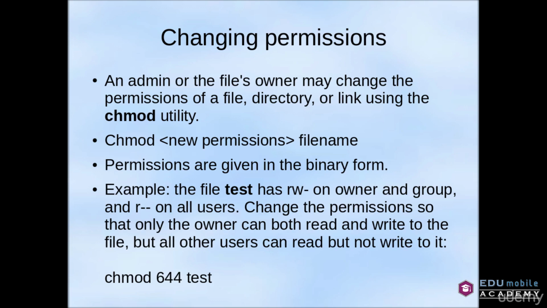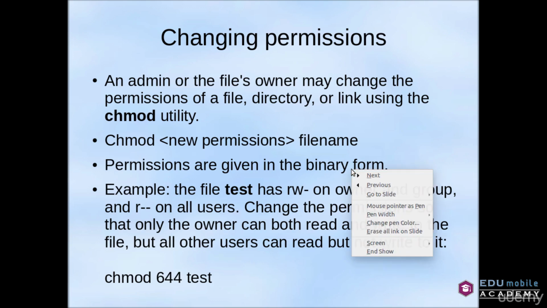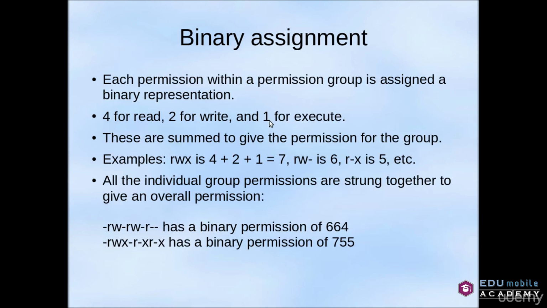Our task is to change the permission so that only the owner has both read and write, but all other users, including the owner's group, can read but not write to it. The way we would do this is issue a chmod, change mode, 644, and then test.